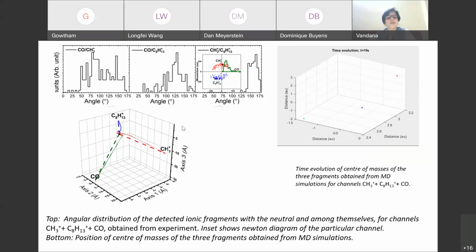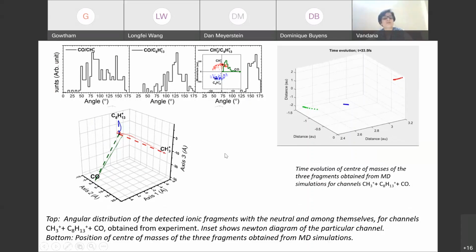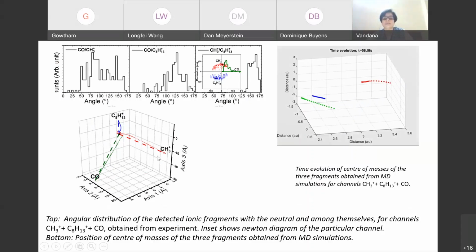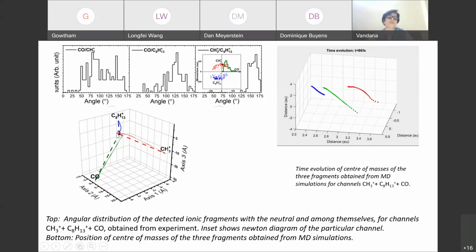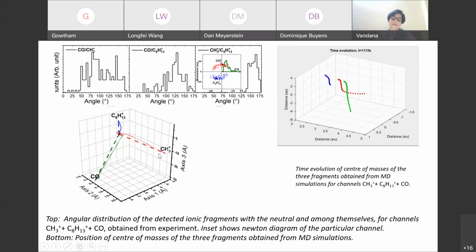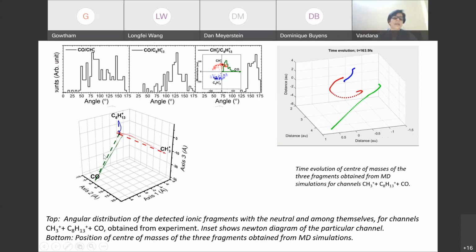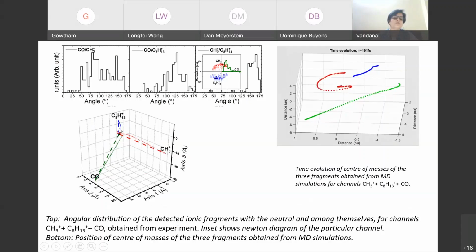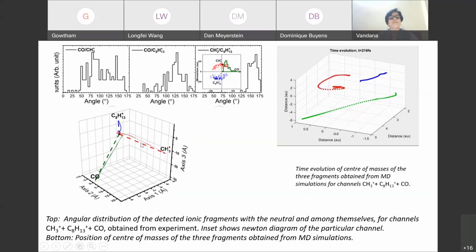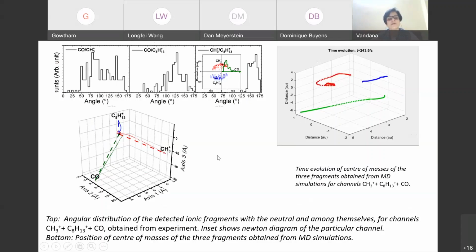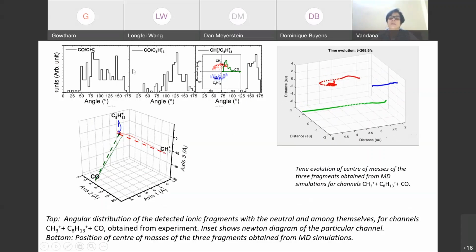When we looked into the simulated angular ejection of the ions, it matches quite well the angular distribution. The angle between these two and these two are roughly the same as what we were getting experimentally.